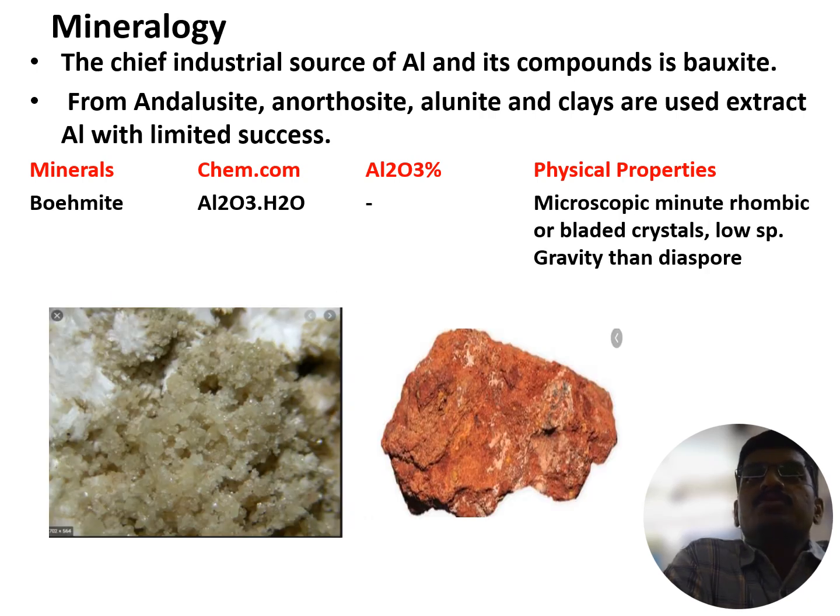The next ore mineral we are going to discuss is boehmite. The chemical composition of boehmite is also Al2O3.H2O, and its physical properties are microscopic minute rhombic or bladed crystals, with lower specific gravity than diaspore. Here we are giving the photograph of boehmite.